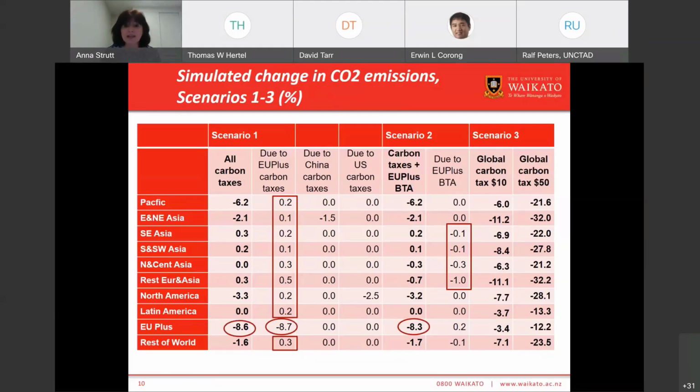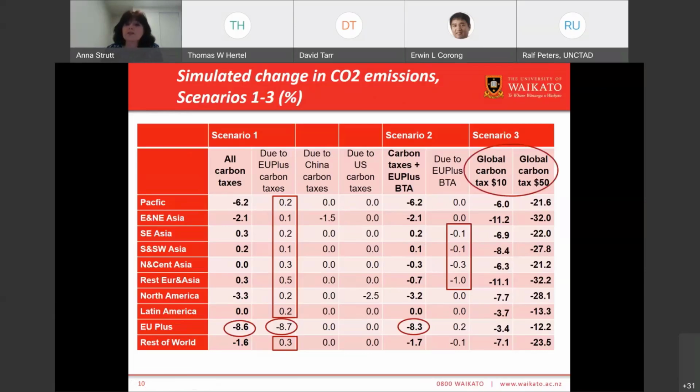So these countries are reducing their emissions a bit with that border tax adjustment, but not necessarily overall, because as you can see, although the EU border tax adjustment is driving some reduction, in some cases you still get some small expansion.